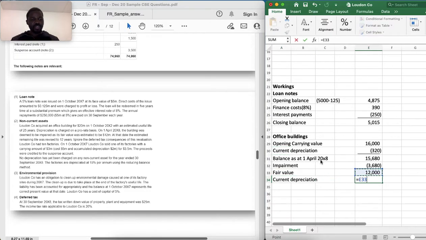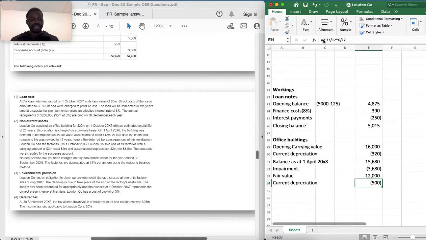So we'll say the years are now reviewed to 12, so we'll divide by 12. Then we'll multiply by 6 divided by 12. We get our depreciation is that much.